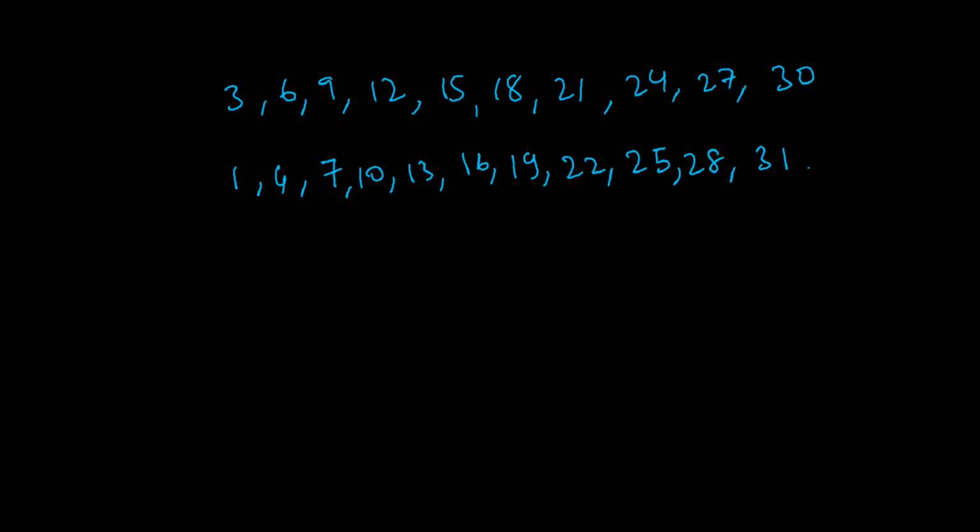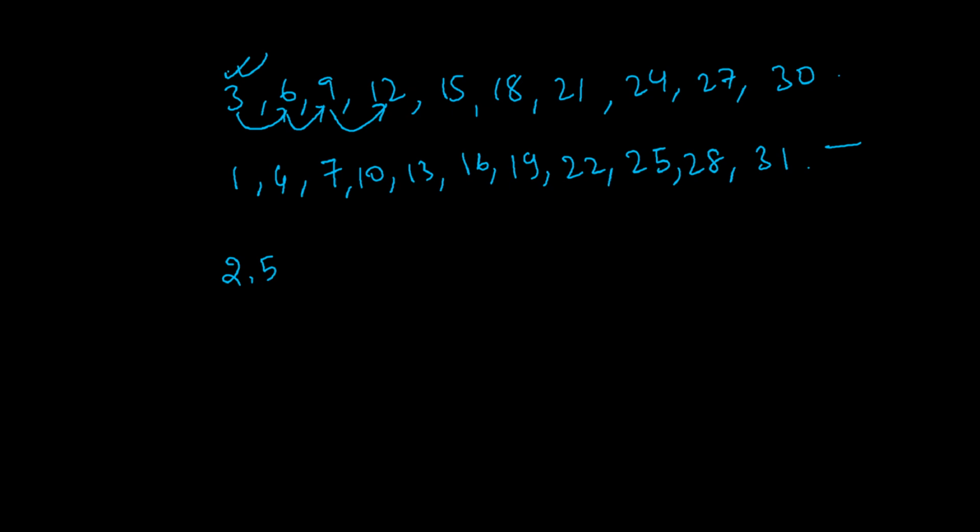All of these, when you divide by 3, give remainder 1. And 3 divided by 3 gives the remainder 0. If you add 3 to it, still the remainder is 0. So if you add 3 to anything, the remainder does not change. If the remainder was 0, it will be 0. If the remainder was 1, it will remain 1.